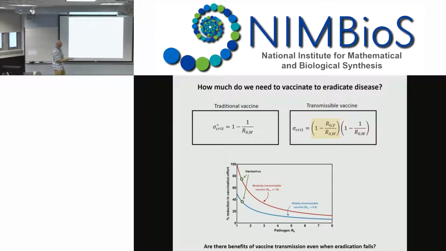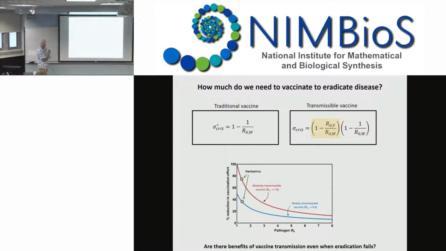The other thing it shows you is that the efficacy of a transmissible vaccine, particularly a weakly transmissible vaccine for which R naught sub V is less than 1, is going to depend on the R naught of the pathogen. Specifically, as the R naught of the pathogen goes up, the percentage reduction in vaccination effort we get by transmissibility falls off, okay?